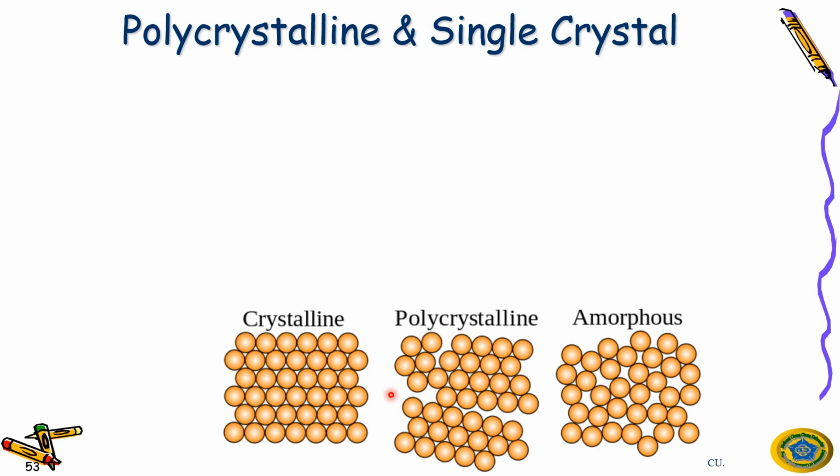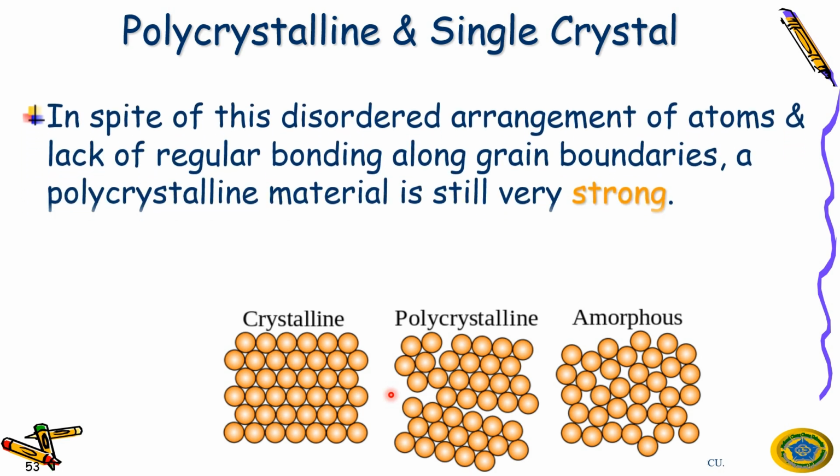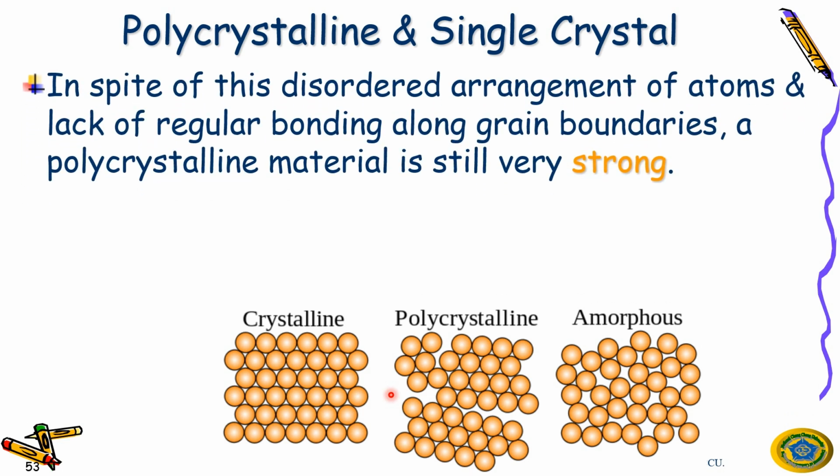So if we talk about the polycrystalline and single crystal, normally we regard this as the same as a whole. So in spite of the disordered arrangement of the atoms and the lack of regular bonding along the grain boundaries, a polycrystalline material is still very strong. So we regard this as strong as this.